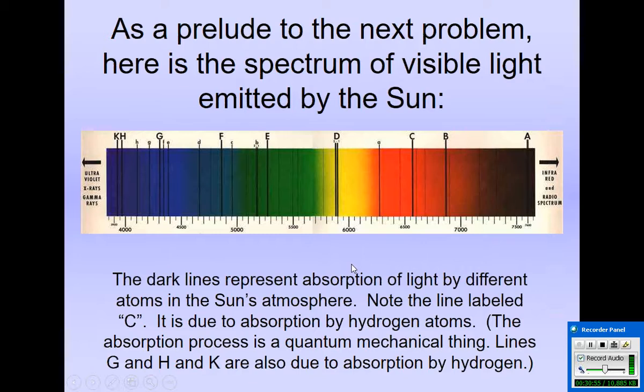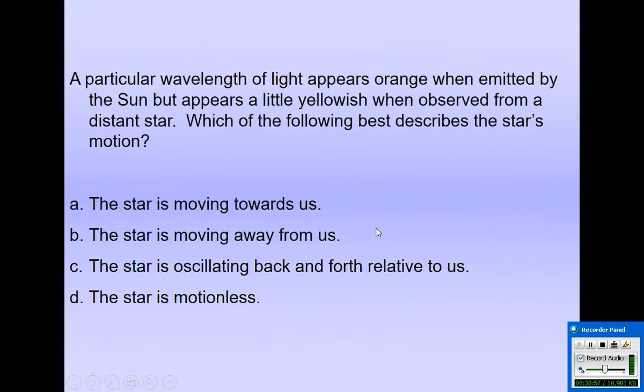Perhaps we're talking about that one. If we look at another star like the sun, but relatively distant, and that same line seems to be a little bit more yellow, which of the following would describe the star's motion?